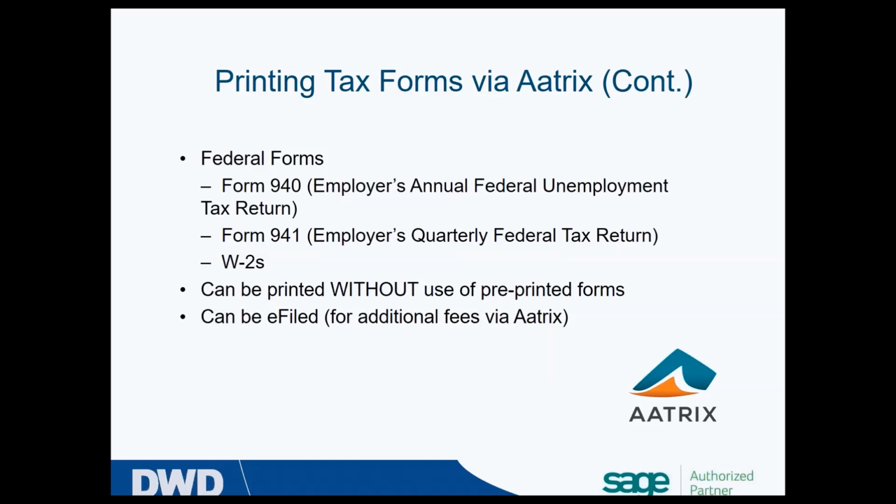Forms, what can we print? We can print pretty much everything that we need. For federal forms, your 940, your annual federal unemployment tax return, you can always do your quarterly 941s. We can certainly get our W-2 forms. And what's nice about the federal forms is you don't have to have pre-printed documents anymore.